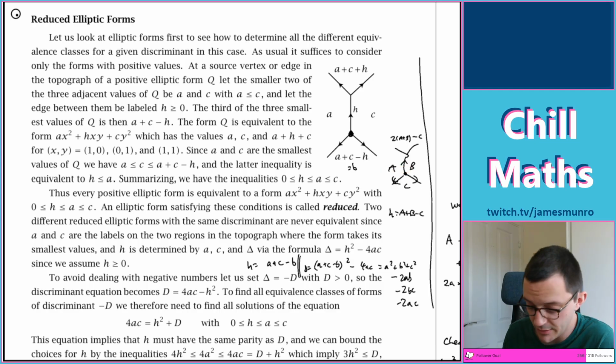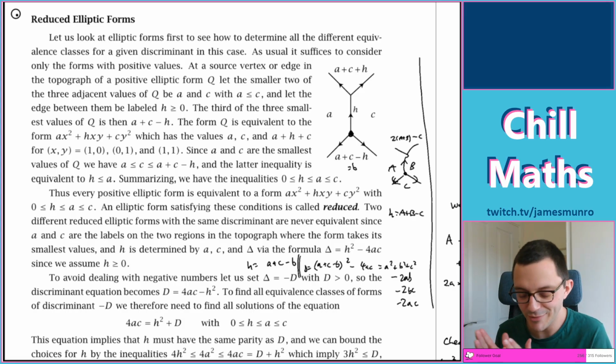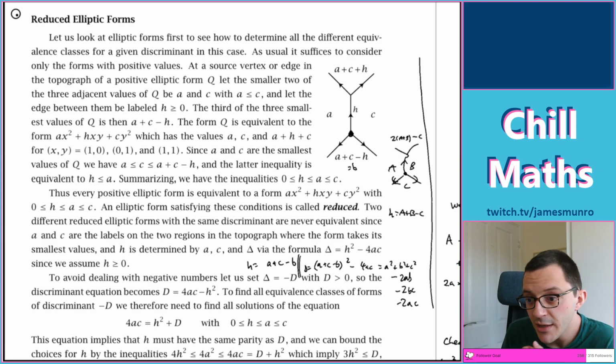So if you're looking for quadratic forms that take a particular value of the discriminant, then looking at the values near that point, that's how you're going to identify equivalent forms. You might as well have it take those values somewhere else. That's what equivalent means. So you might as well consider the one that takes those values.